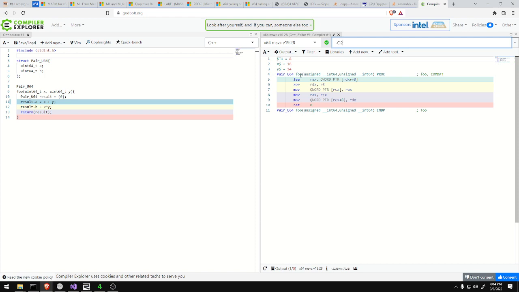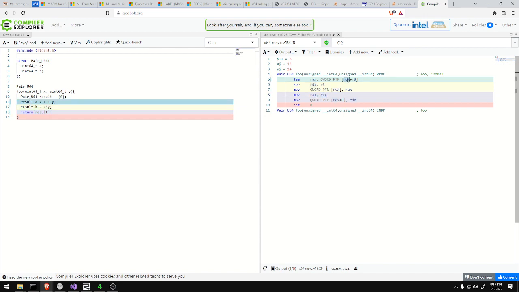So when it has to, you put into RAX what's in RCX right here.